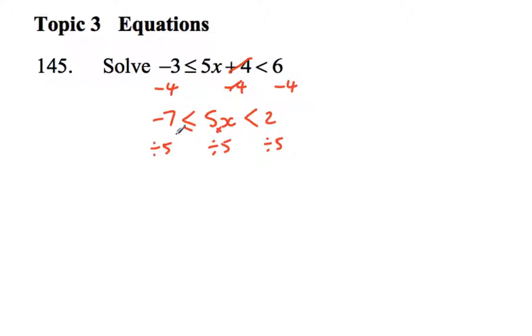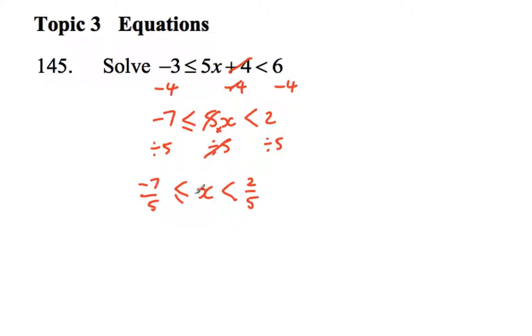When we divide by a number, we can just write it as a fraction with that dividing number on the bottom. So the bottom of any fraction divides into the top. We're going to have minus 7 over 5 for that bit. That symbol there, and these will cancel out, a 5 that's multiplying and a 5 that's dividing, leaving us with x. And we can make a fraction out of 2 being divided by 5 as well.